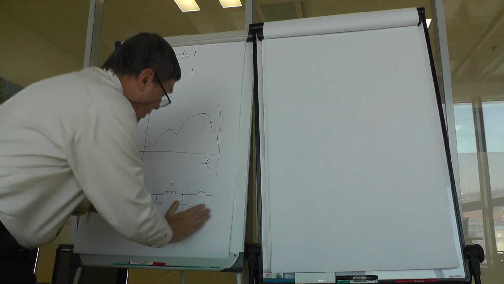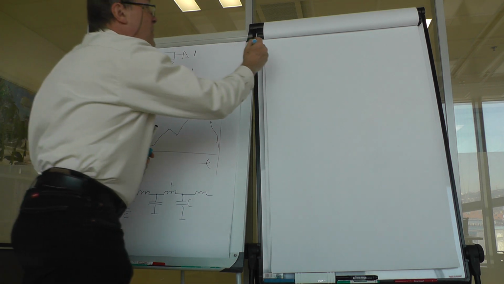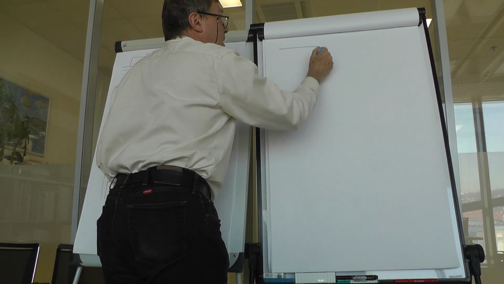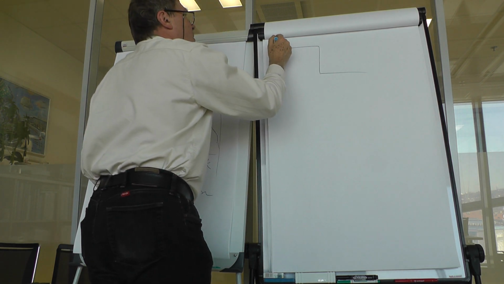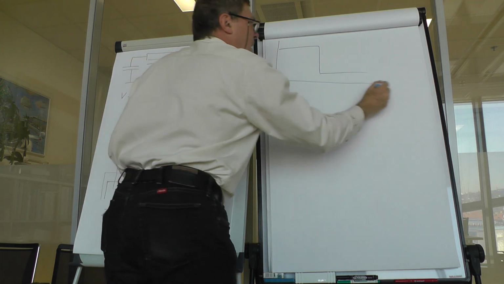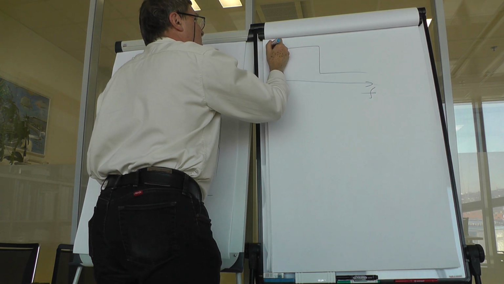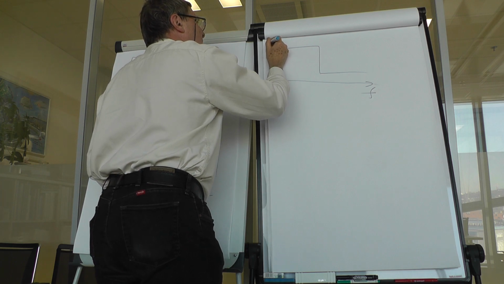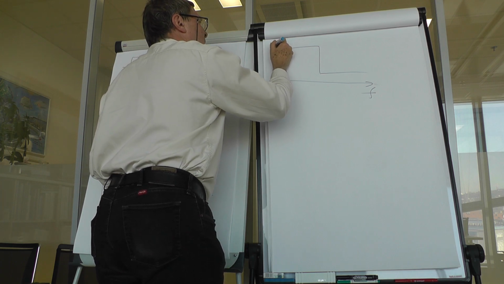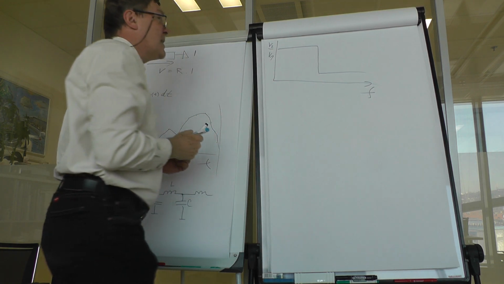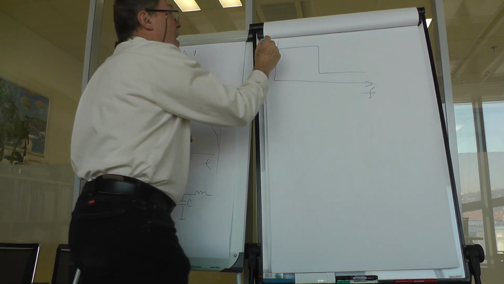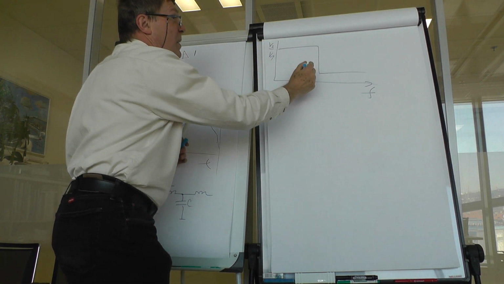So this structure, which is a low-pass circuit, in fact has a frequency characteristic something like this. Frequency and transmission, be it V2 over V1, for example. So this is an ideal low-pass circuit.